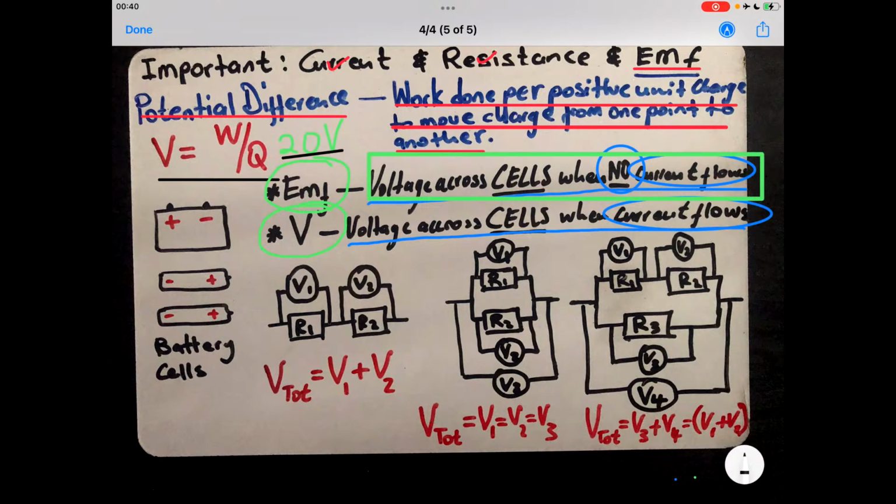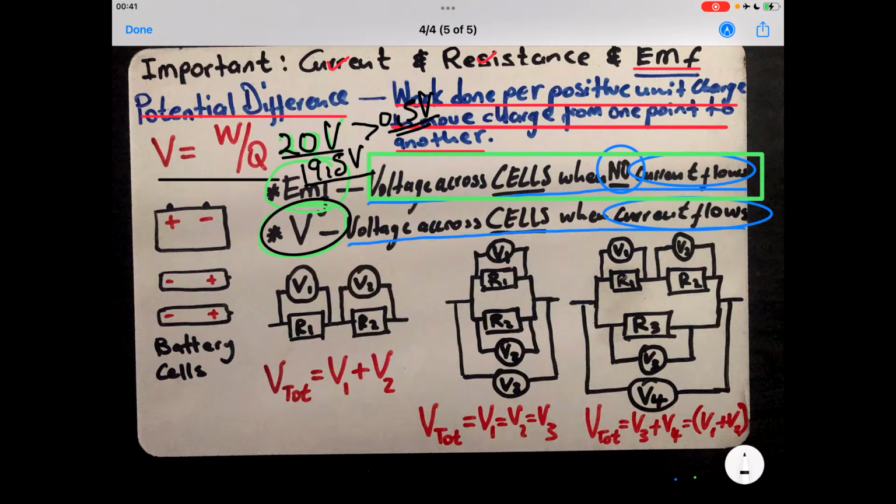Then once you connect it, it might no longer be 20 volts, but you might find that maybe it's 19.5 volts as an example. So this 19.5 volts is therefore the V. So that means there was a loss of 0.5 volts. That's when we talk about internal resistance.